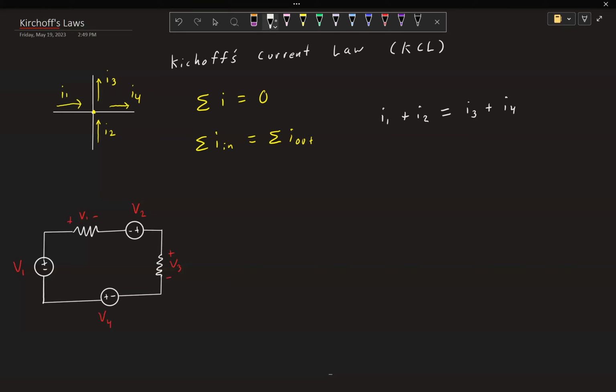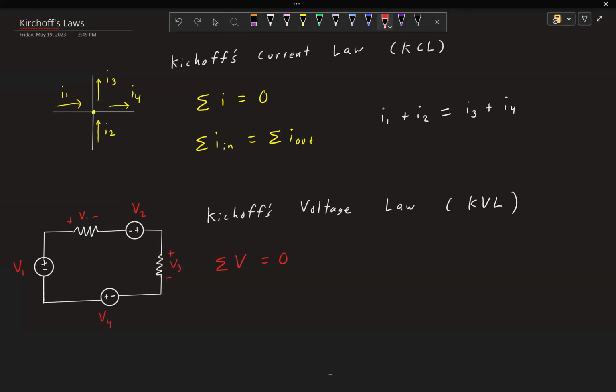And then we have Kirchhoff's voltage law, and you'll see that as KVL. And this one states that the sum of all voltages in a loop equals 0.